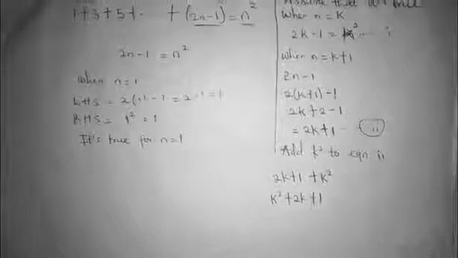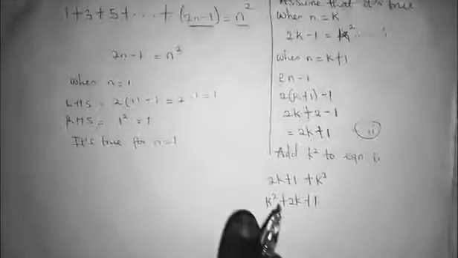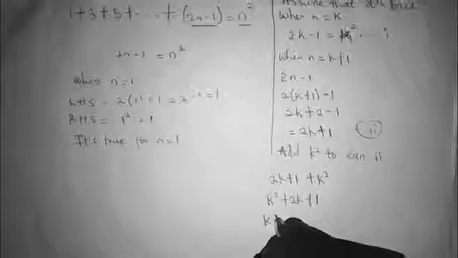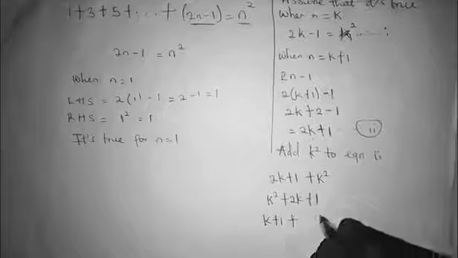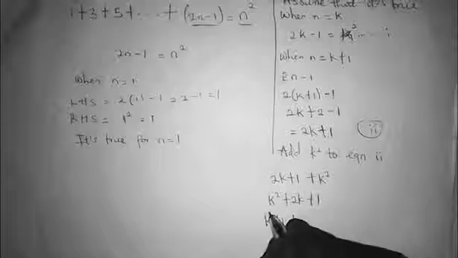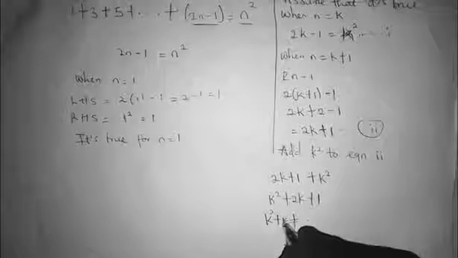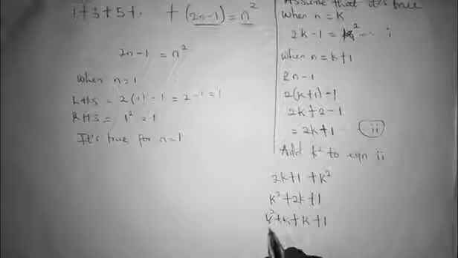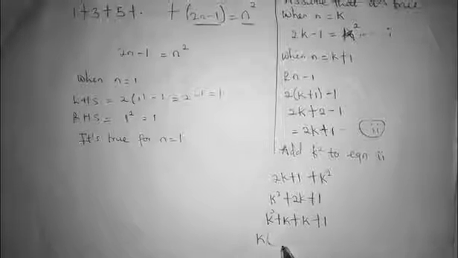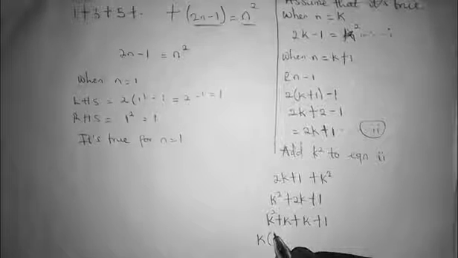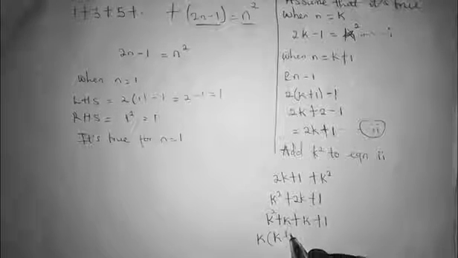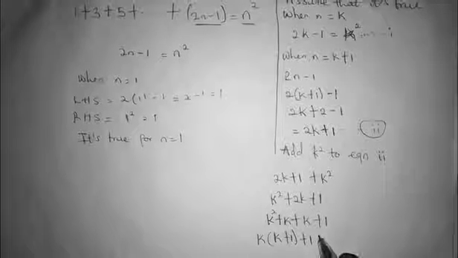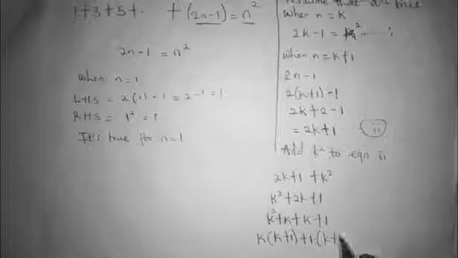This has now become like a quadratic equation. If you solve this by factorising, you will have k squared plus k plus k plus 1. What's common between the first two? That's k, open bracket, k plus 1. What's common between the last two? Plus 1, open bracket, k plus 1.